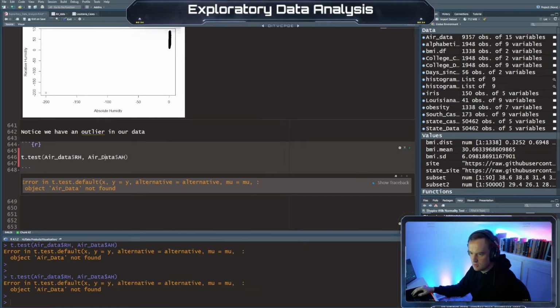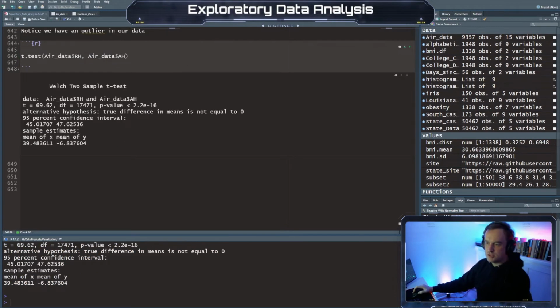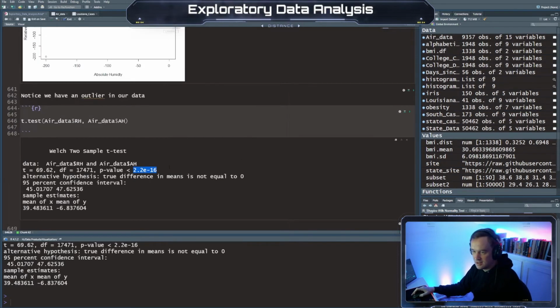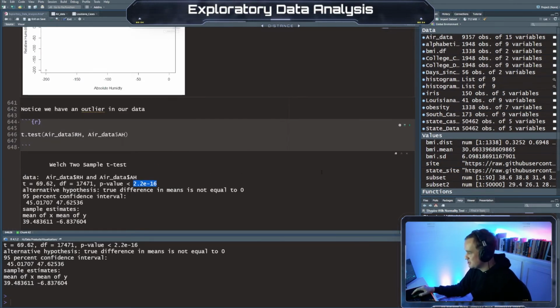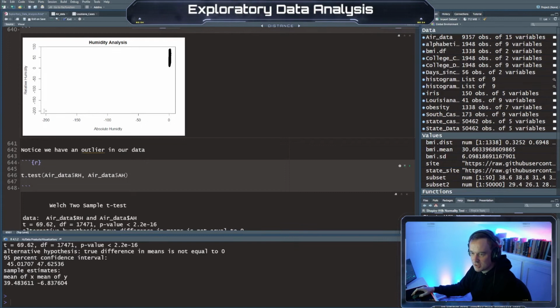There we go. Okay, so if we look at these, we can see that the p-value is quite high, so we can say that the mean of these two, the relative humidity and the absolute humidity, are significantly different. But what we have an issue here is that we have this outlier, right?